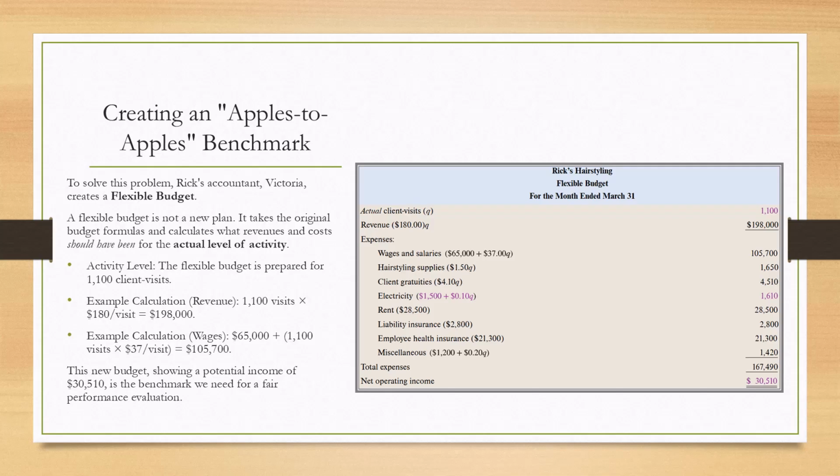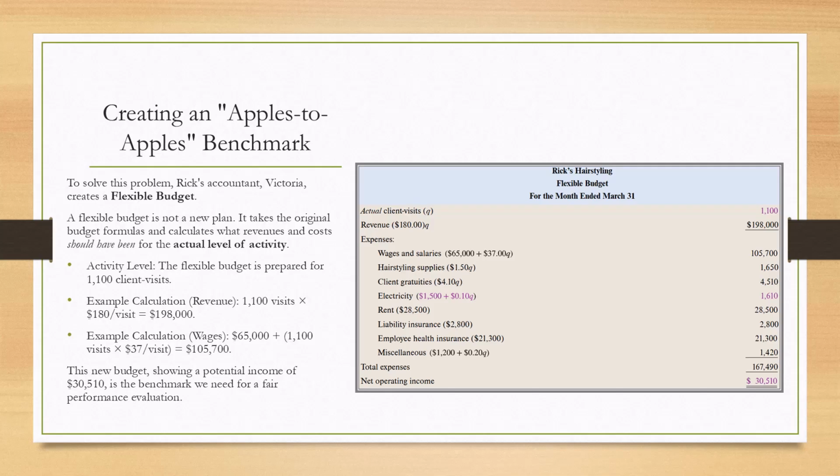For example, the revenue in the flexible budget is calculated as 1,100 visits times the budgeted $180 per visit, for a total of $198,000. Similarly, the wages are recalculated based on the 1,100 visits.